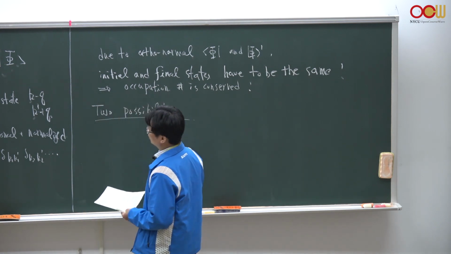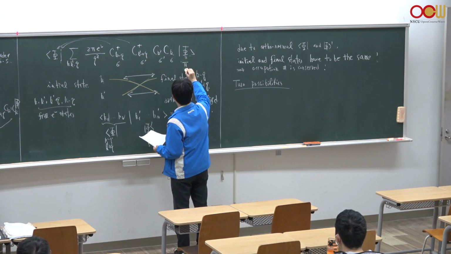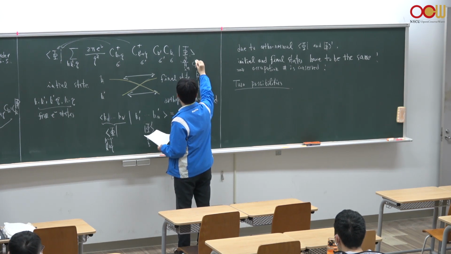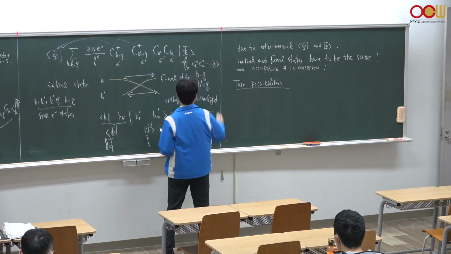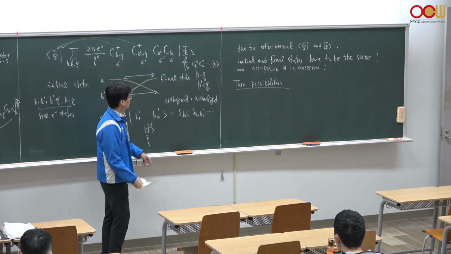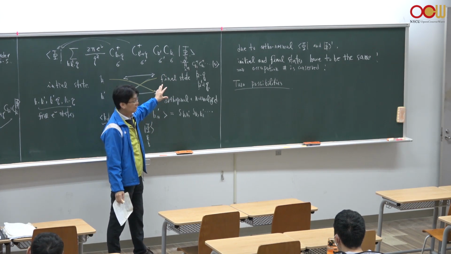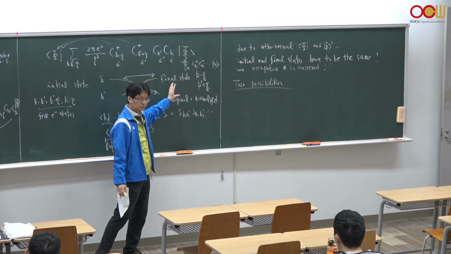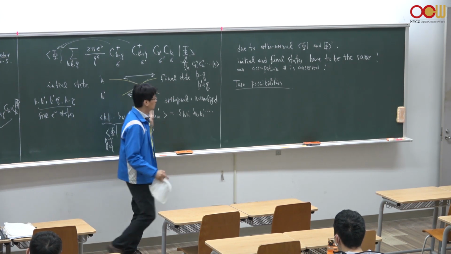By the way, you could check this by simply expanding this phi in the product of all these single particle wave functions, ck1 dagger, ck2 dagger, and so on, acting on the vacuum. So you could easily verify that the 2 initial states have to be the same as the 2 final states, either in a direct sense or in an exchange sense, right?